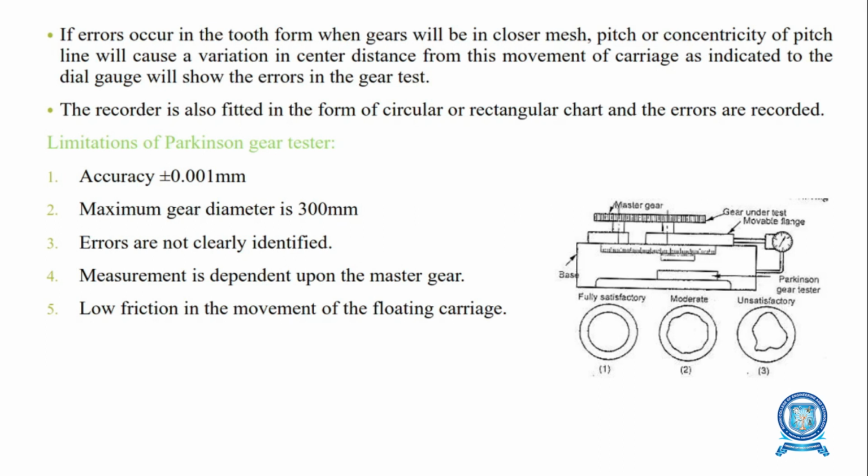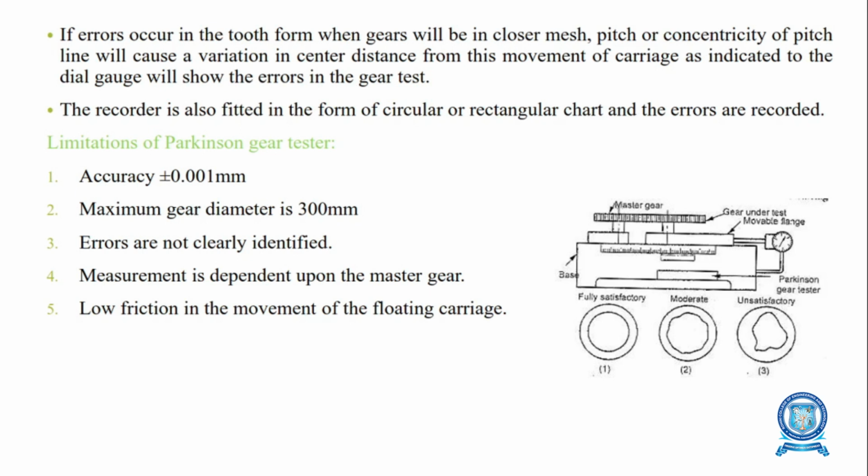Some of the limitations of this Parkinson gear tester are: measurement is directly dependent upon the master gear or the reference gear. The maximum gear diameter which can be checked here is 300 mm.